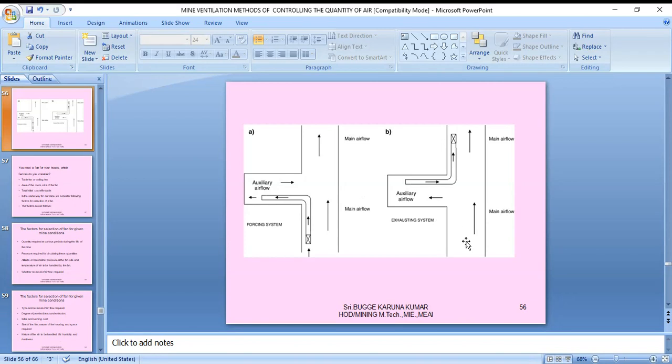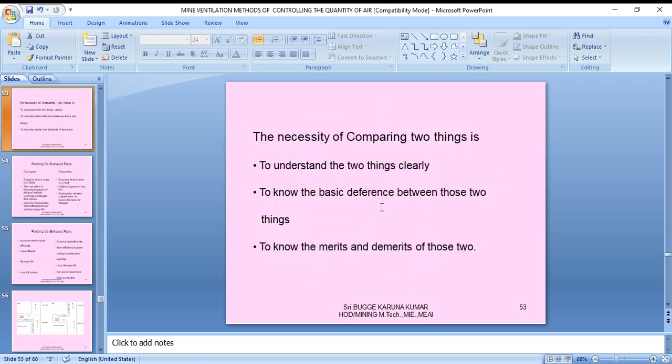In an exhausting system, the duct sucks the return air outside. Similarly, a forcing system forces the air to the face, and the foul gases come to the outside. The advantages of each are given in the above differences. Please go through it.